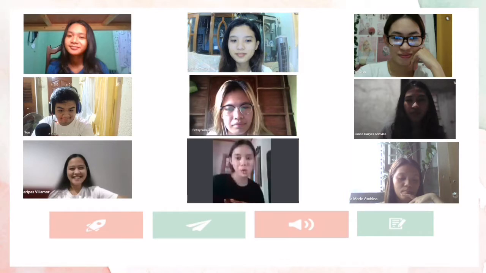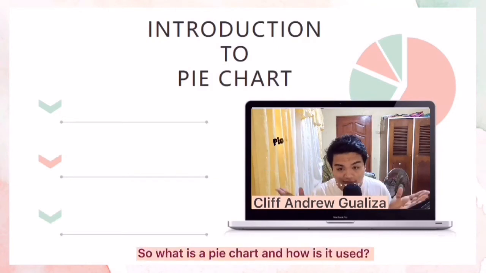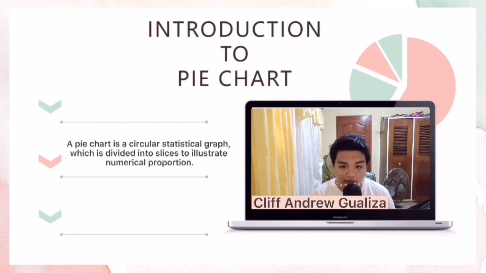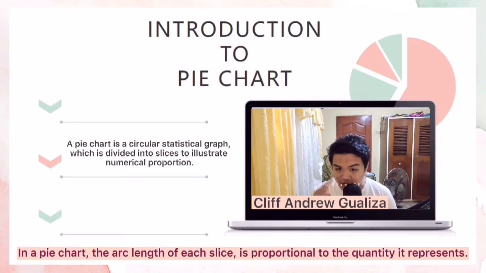So today, we are gonna discuss what is a pie chart. About pie charts. So, what is a pie chart and how is it used? So, a pie chart is a circular statistic graph which is divided into slices to illustrate numerical proportions. In a pie chart, the arc length of each slice is proportional to the quantity it represents.